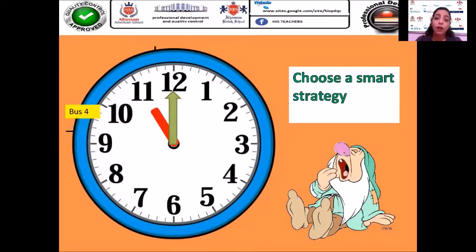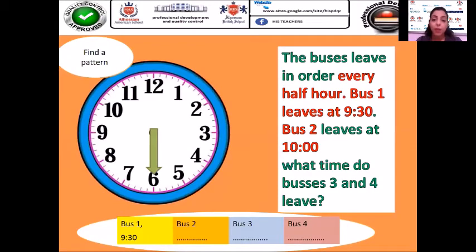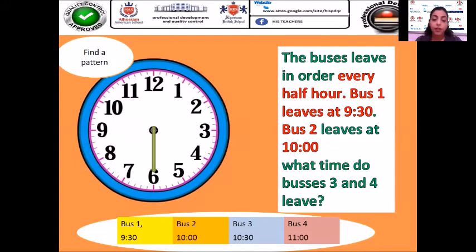Oh my God, it took a long time. So can I find another strategy to help me? Yeah, sure. You can use find a pattern. You're going to draw a table, or you can just write bus number 1, 9:30. Bus number 2, 9:30 and half an hour, 10. 10 and half an hour, 10:30. 10:30 and half an hour, 11.